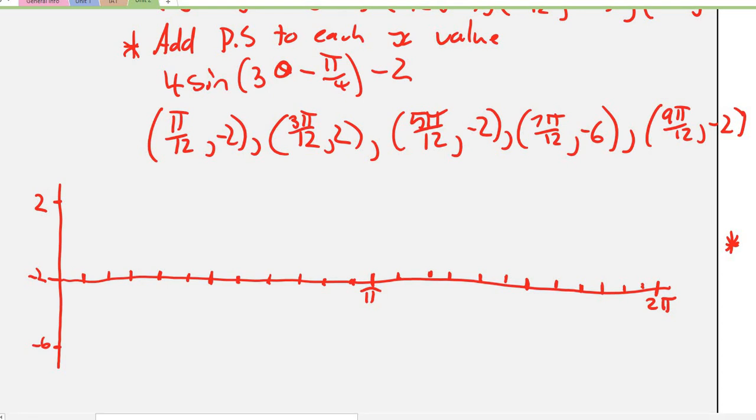Where does our first critical point occur in the x part? Like, what's the x coordinate of our first critical point? Yes, pi on 12. So that would be 1 increment along, and it's at -2.